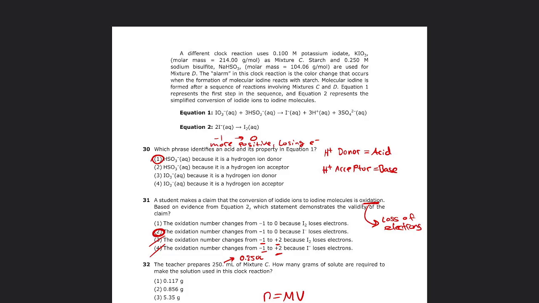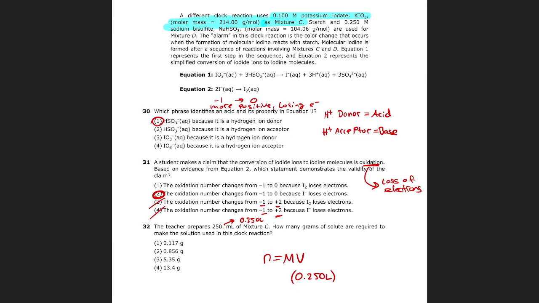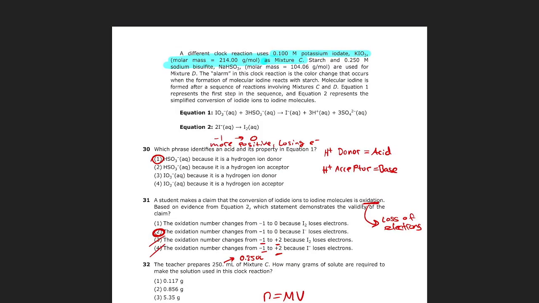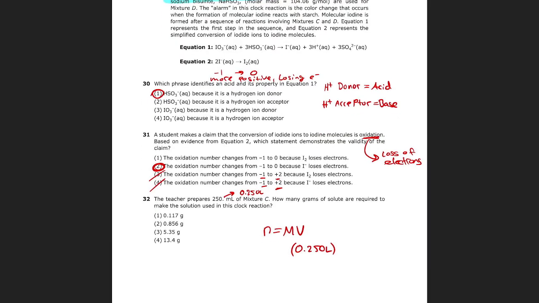Going back to the passage, it says that the clock is using 0.100 molar potassium iodate, and it's defining that as mixture C very explicitly here. So our M for molarity is going to be 0.100 molar.